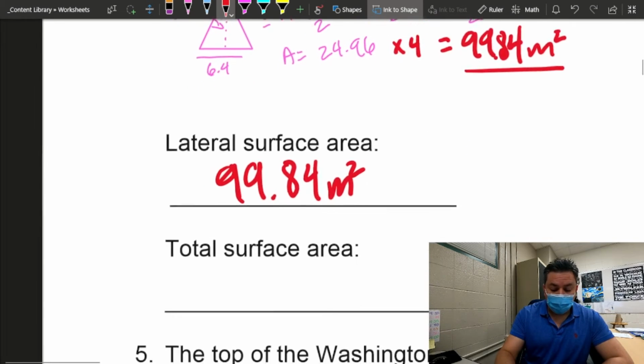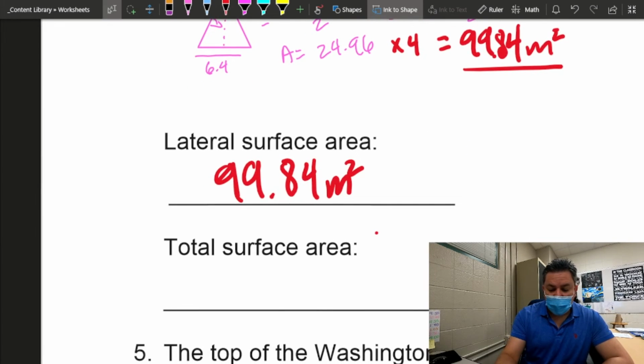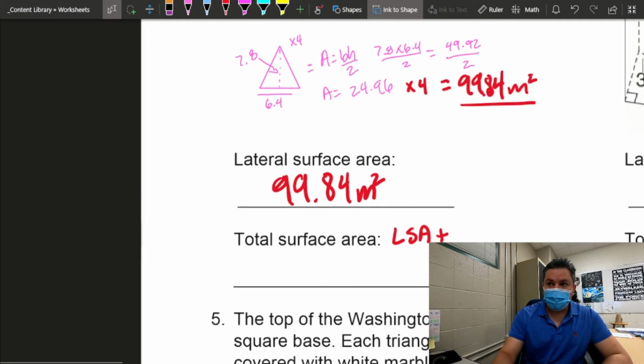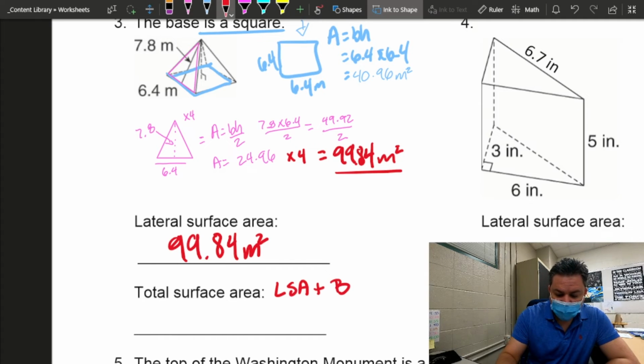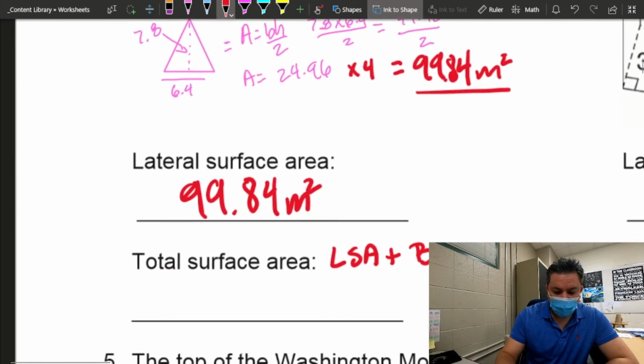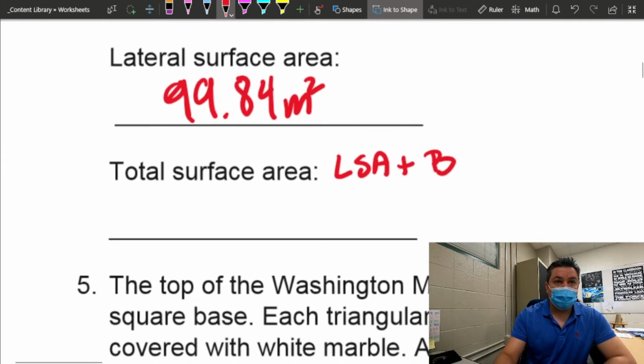Now for the total surface area, you find that by getting the lateral surface area plus, in this case, how many bases do I have? How many bases do I have? 1. Lateral surface area plus 1 base.